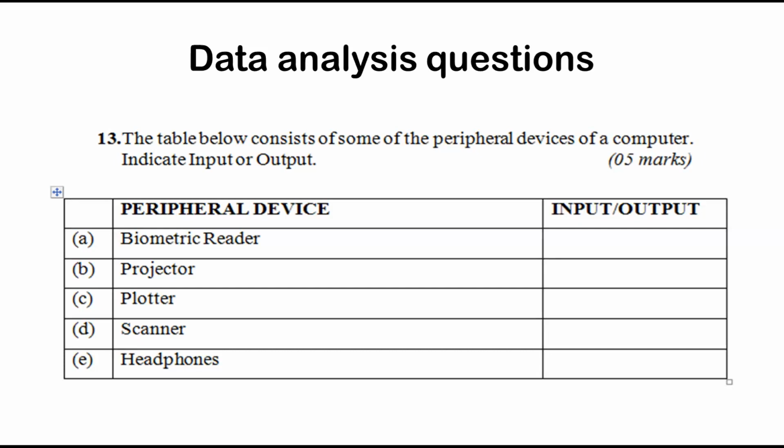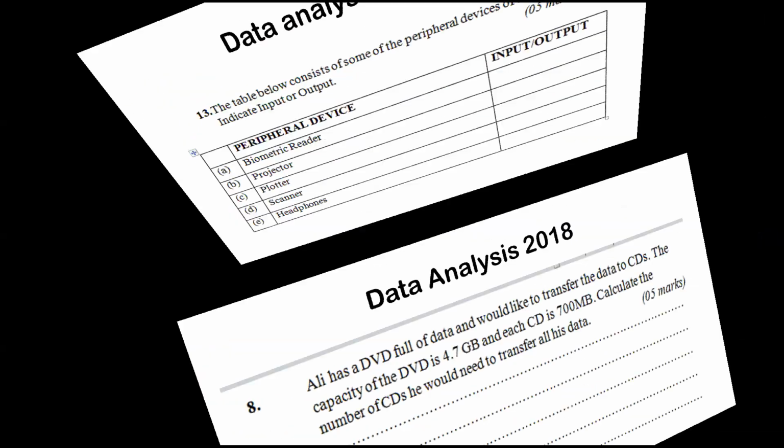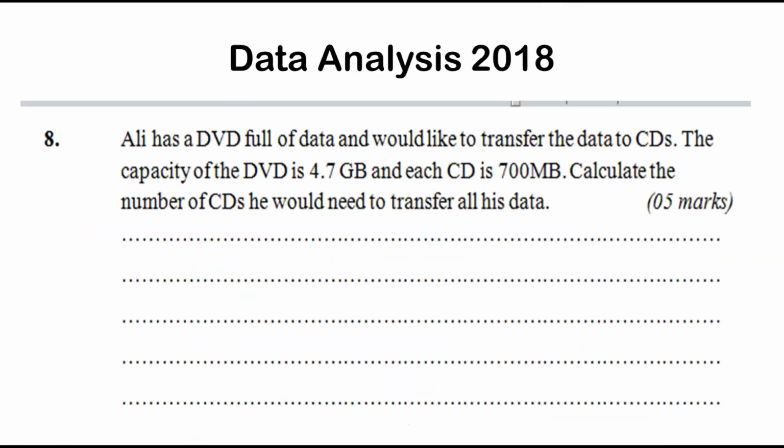Of the 10, you must make sure 1 is from hardware. 1 question must be from computer hardware. Look at that one. Computer hardware. It is a question about data analysis.